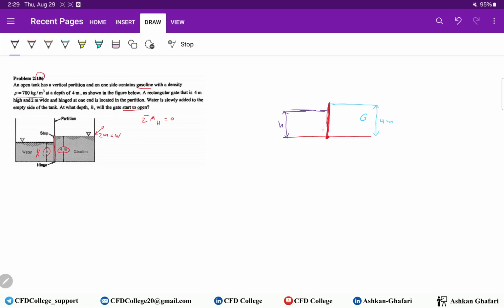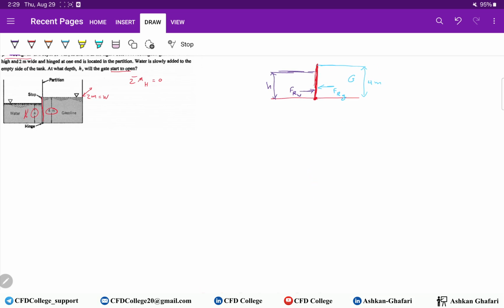We know that here we have an FRW due to the water, and on the right hand side we have FRG due to gasoline. So we need to find these forces and acting points of them, because we know that the direction is like this, normal to the gate and towards it.